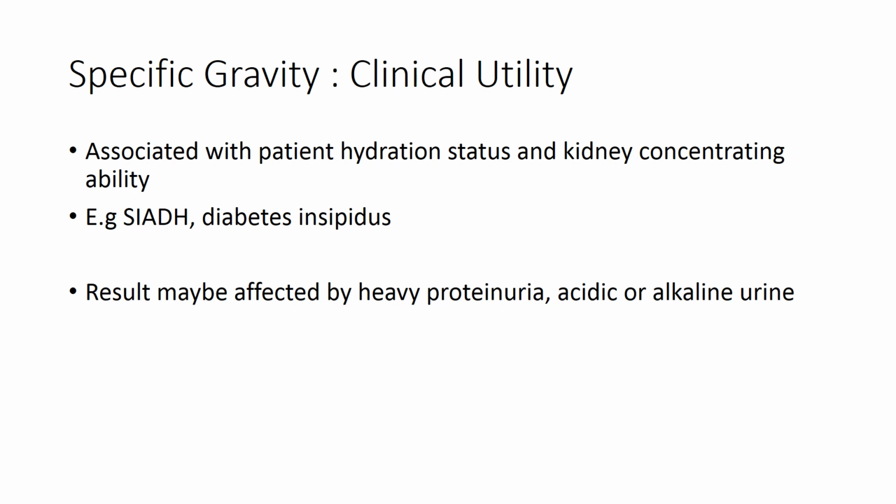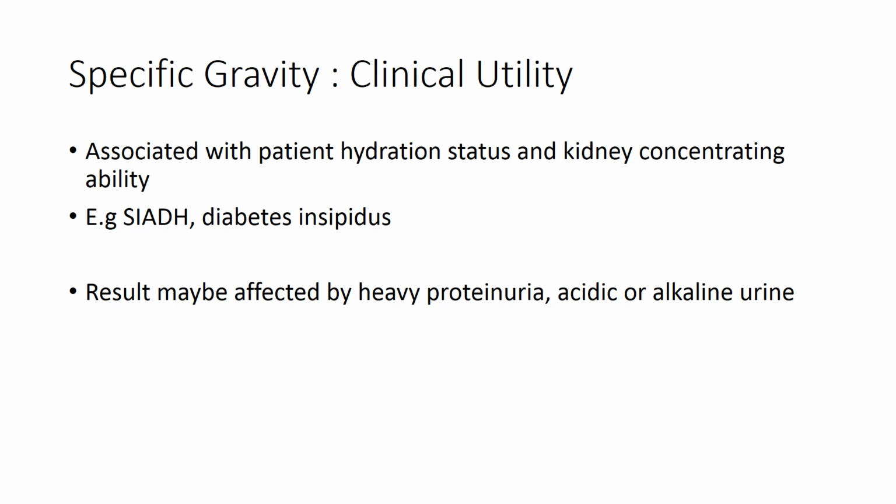Whereas in the context of hyponatremia, for example, when we're dealing with syndrome of inappropriate ADH, we would find that in a patient who is hyponatremic, their urine would be surprisingly concentrated, which would indicate an inappropriate response to the state of being hyposmolar.